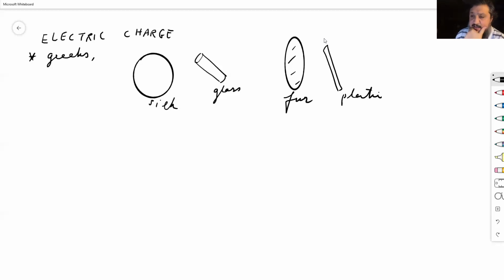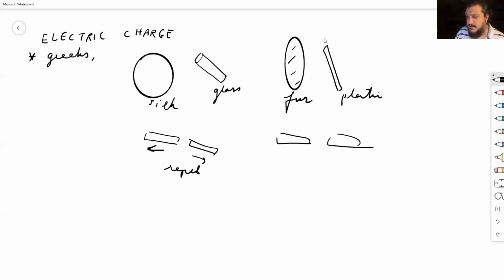Suppose you bring two such pieces of glass, you bring them together, you'll see that they will repel each other. But if you bring the glass piece next to the plastic, they will attract each other. So there's this polarity, this dual nature, let's say, attract.